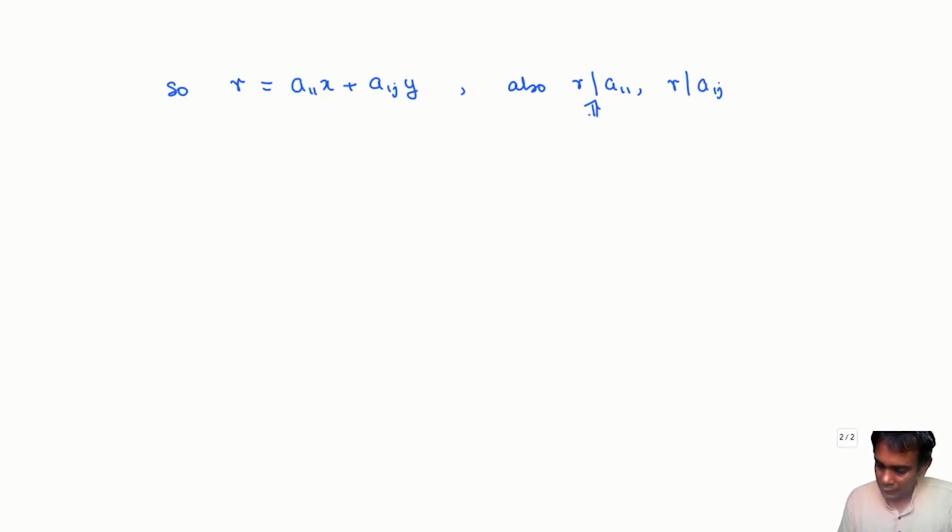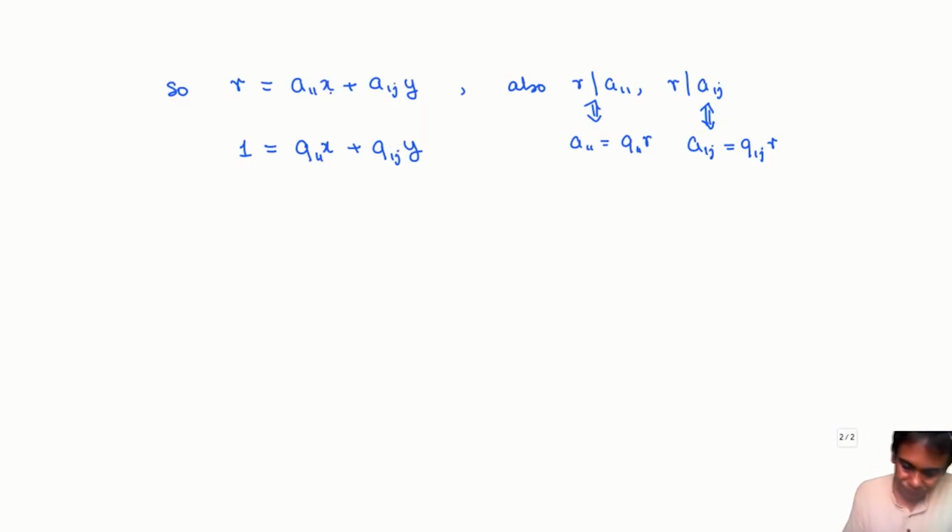Well, this means that I can write A11 as Q11 times R, and this means that I can write A1j as Q1j times R. So what I get is 1 is equal to Q11 times X plus Q1j times Y, just taking this first equation and dividing both sides by R.